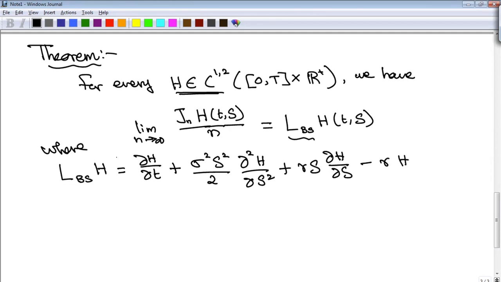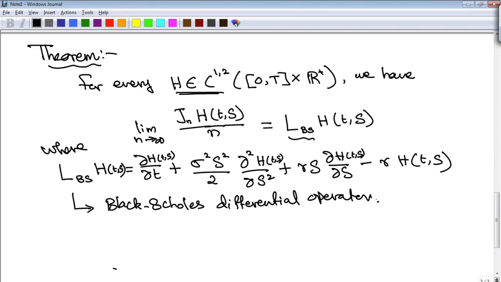If you want, you can put the argument (t, s) everywhere, but often we don't write the argument, we just write the expression, and this is called the Black-Scholes differential operator. So this theorem shows that your discrete time binomial model is actually tending to this differential operator.